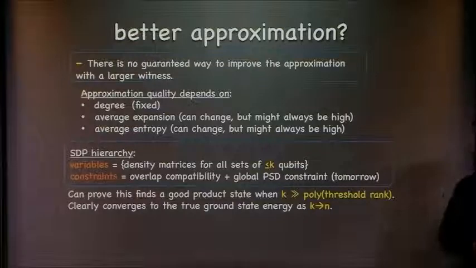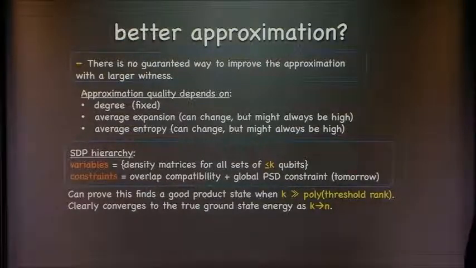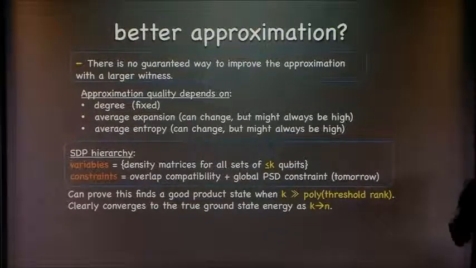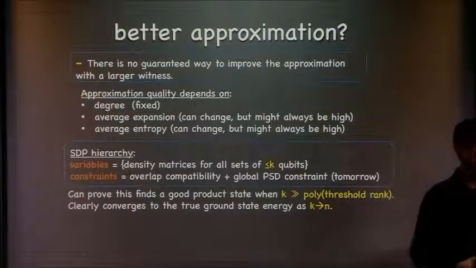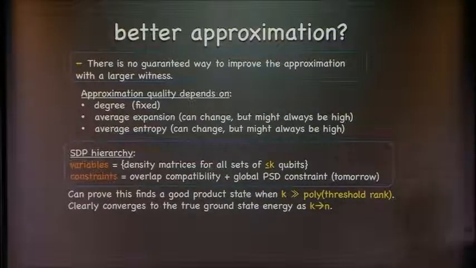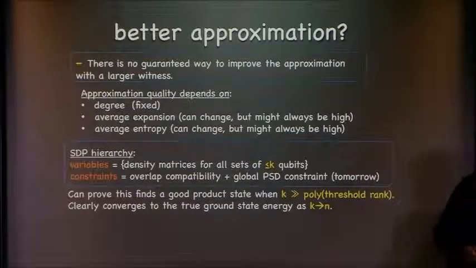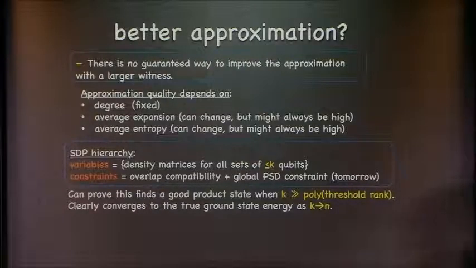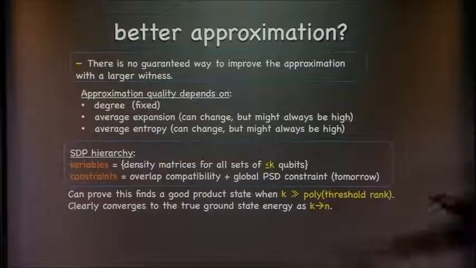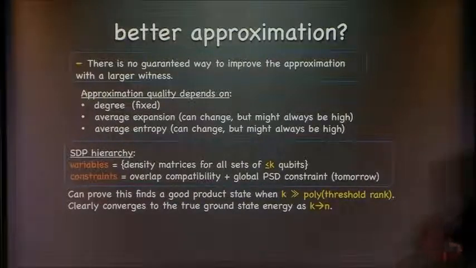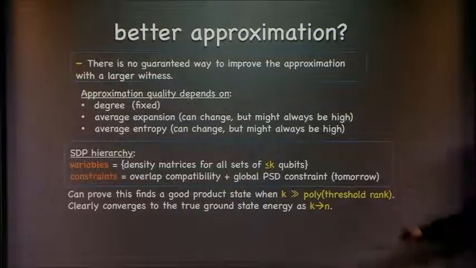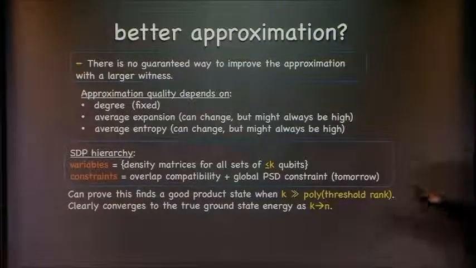And then what constraints do you impose? Well, one obvious one is if two of these subsets overlap, they should be consistent on the overlap. And there's another one which is a sort of global PSD constraint, which I'm going to define tomorrow. So let me just not say what it is now. But if you're familiar with Lasserre, then you'll know that there's another global constraint that shows up.